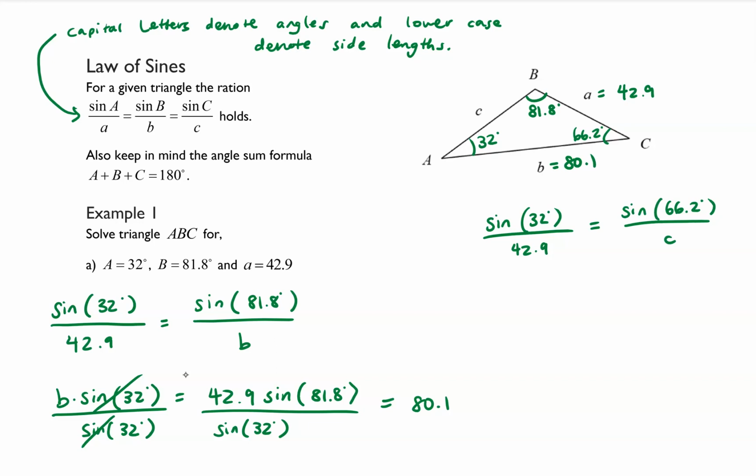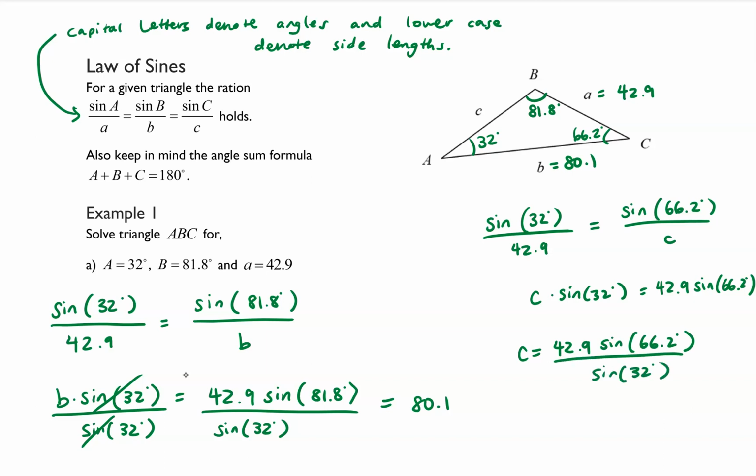And then if I cross multiply again like we just did, we'd get c times sine of 32 degrees is equal to 42.9 times sine of 66.2 degrees. And then if I divide both sides by sine of 32 degrees, we get c is equal to 42.9 times sine of 66.2 degrees divided by sine of 32 degrees.